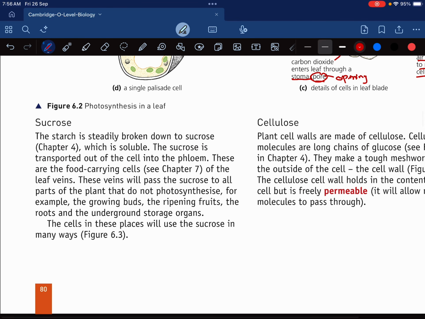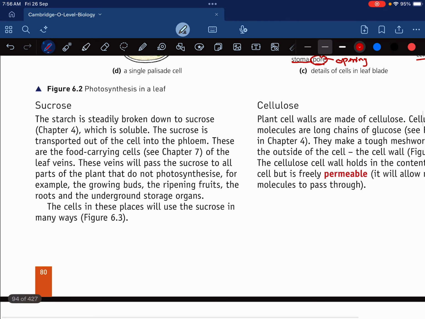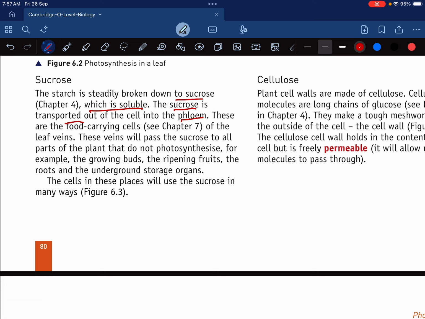Okay, moving on. Sucrose. The starch is steadily broken down to sucrose, which is insoluble. The sucrose is transported out of the cell into the phloem. These are food carrying cells of the leaf veins. Again, what were the water carrying cells, or you could say tubes?